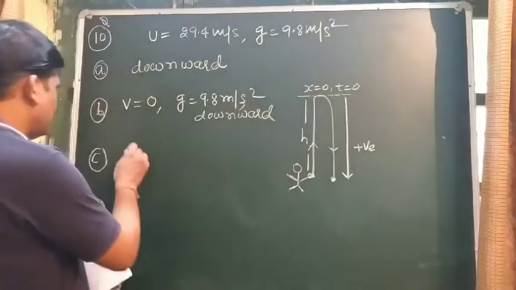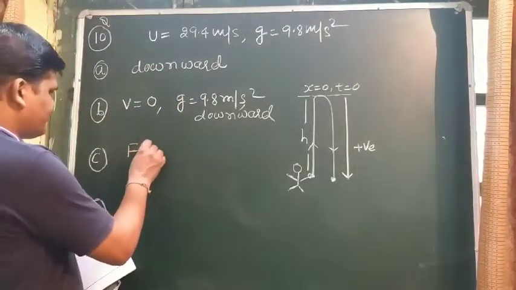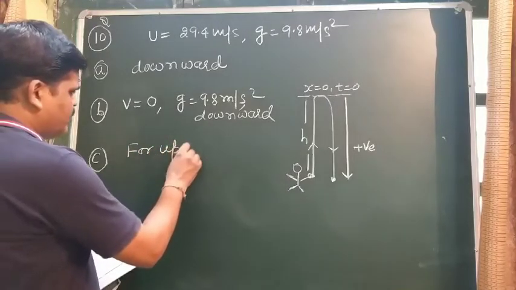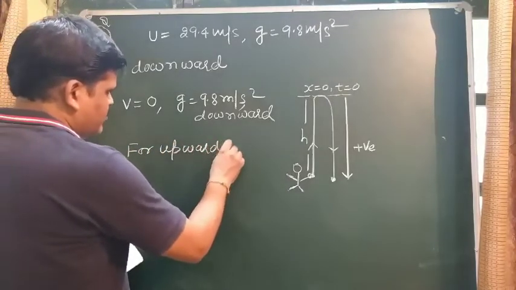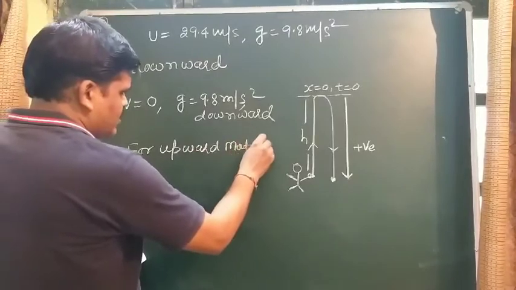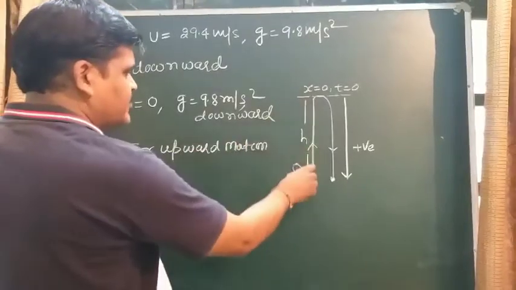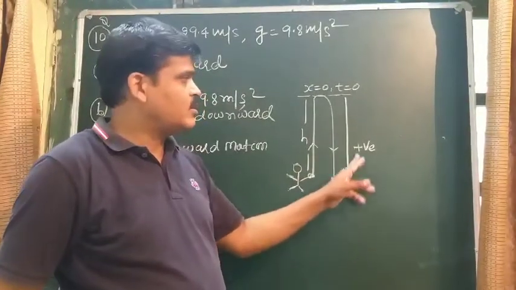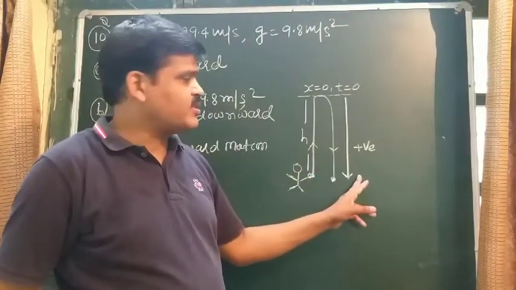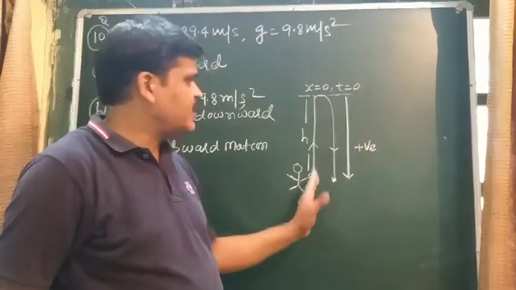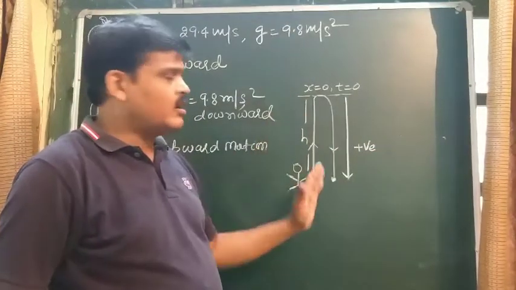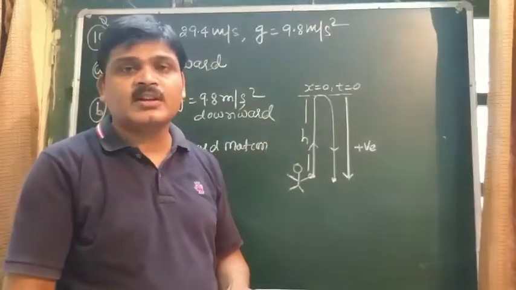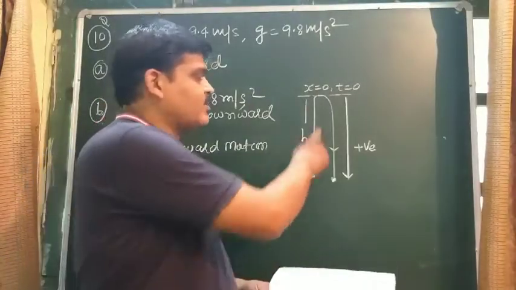So first of all, for upward motion, position. The vertically downward direction is taken to be the positive direction of the x-axis, and the upward direction is taken to be the negative direction of the x-axis.